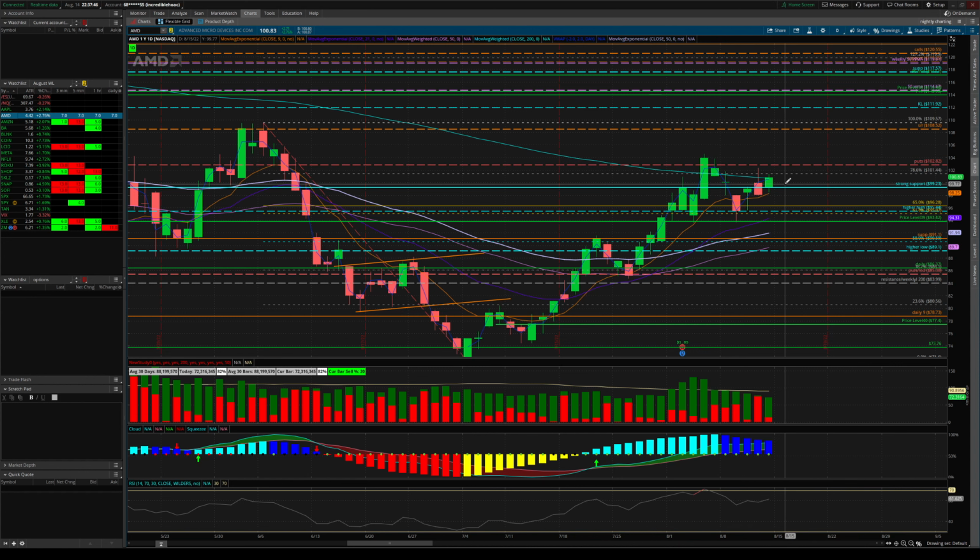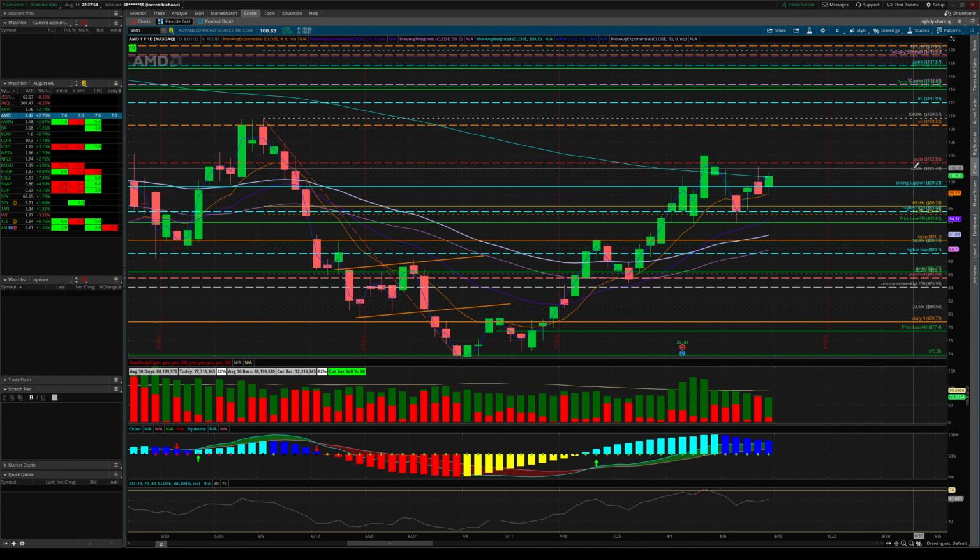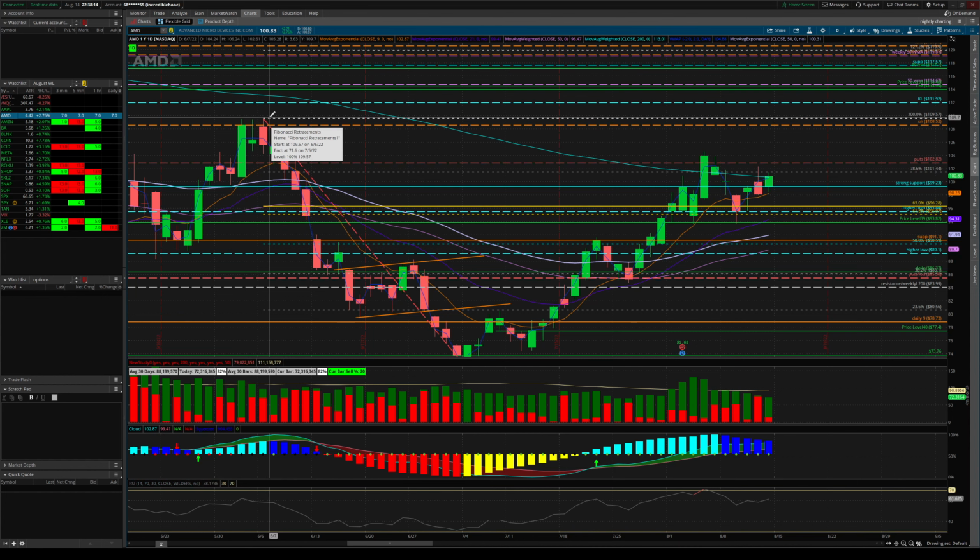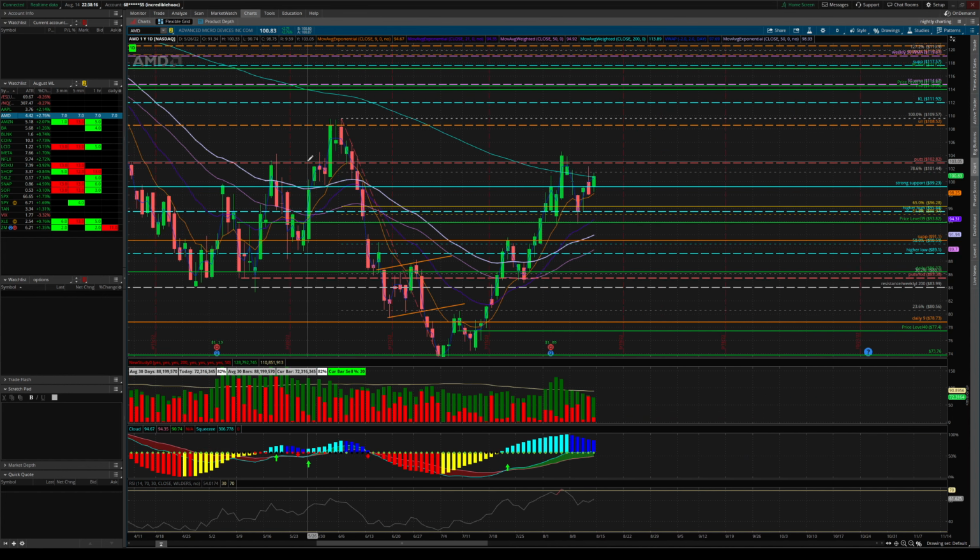But this push to the upside, if we hold this daily 200, right, we can see that we also rejected this 78.6% Fibonacci level. And the way Fibonacci works, right, if we break and hold this Fibonacci level, I would see a next target of 109.57, which is the top of the peak of the most recent, what is this?